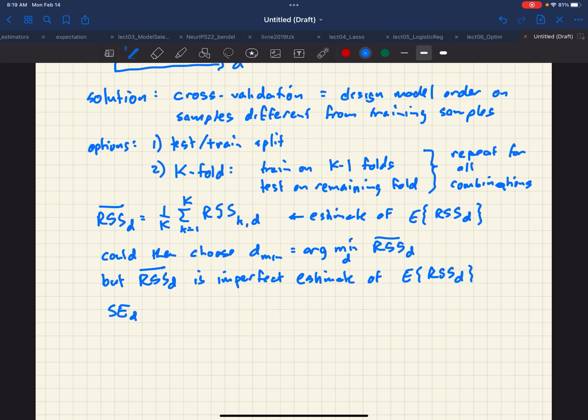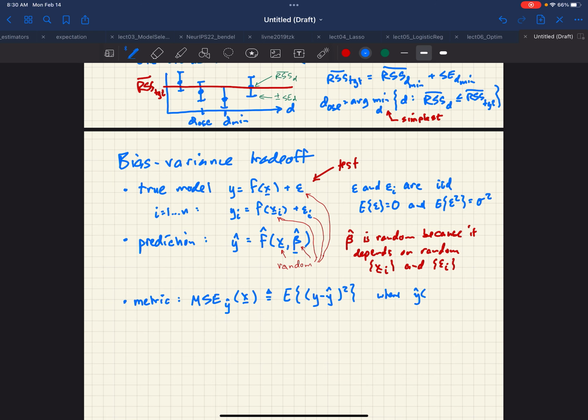And our metric we care about is mean squared error. This is going to be a function of x, and it's the mean squared error on y hat. So this is going to be the expected value of y minus y hat squared. And of course, y hat is a function of x.